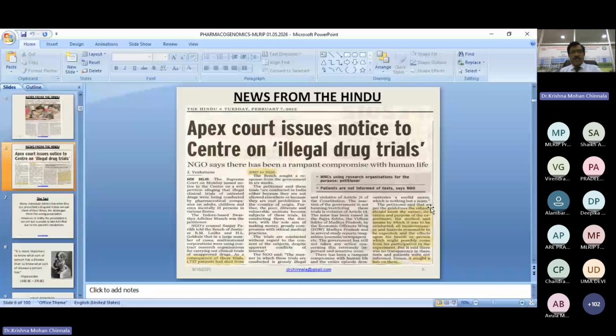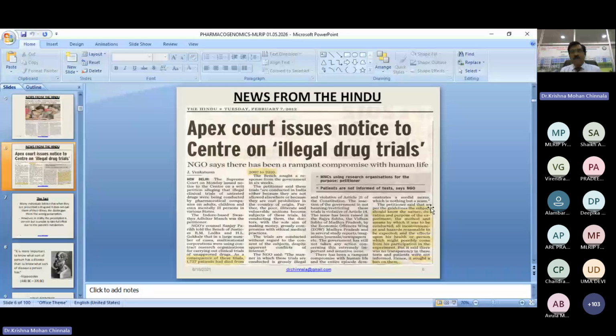If the person attends a clinical trial here at Hyderabad and moves to Bangalore and tries to attend, he or she can be informed that you attended one clinical trial yesterday, you are not eligible as a volunteer. So they are not allowing him. Such types of measures they are taking.